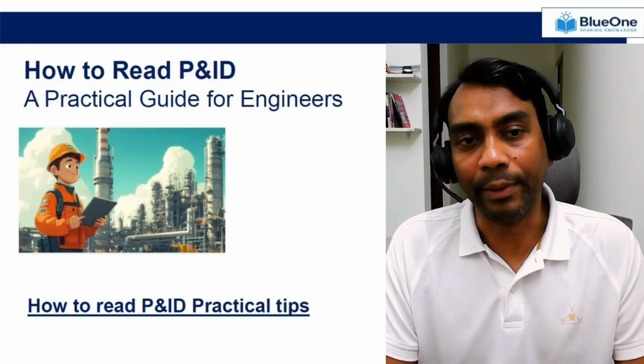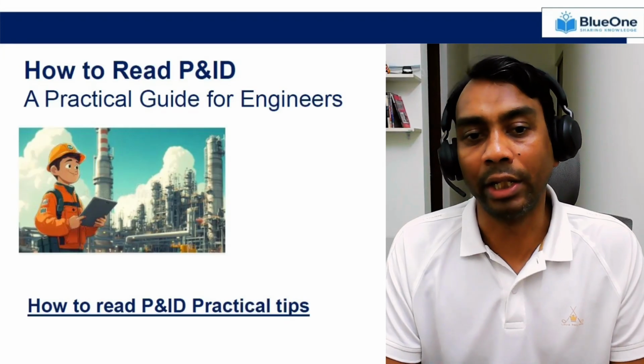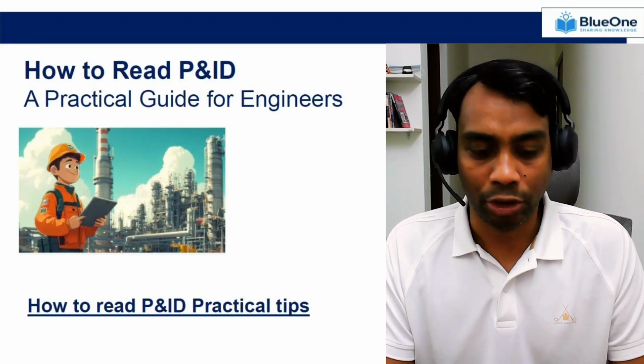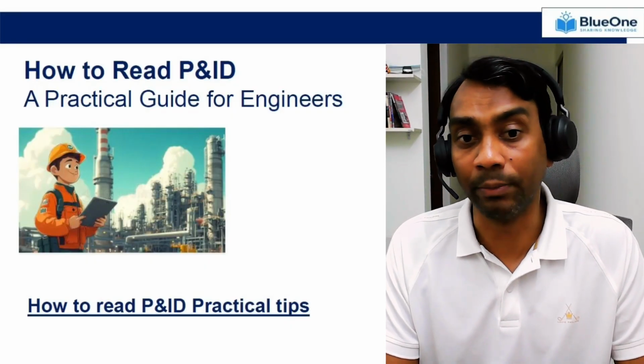Now the next is very important: how we can leverage all these five layers of information and easily interpret a P&ID. I'll be walking you through how to read a P&ID in practice.